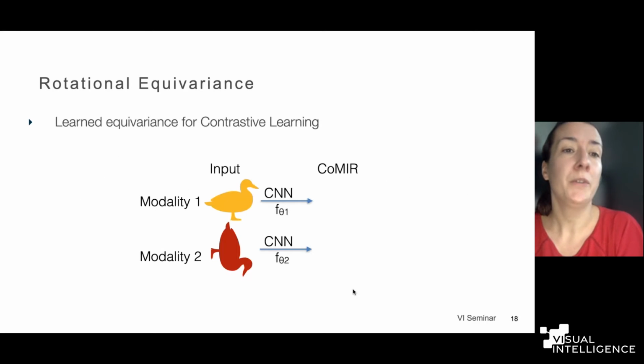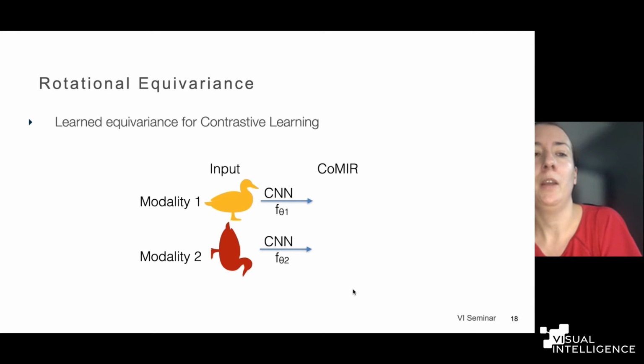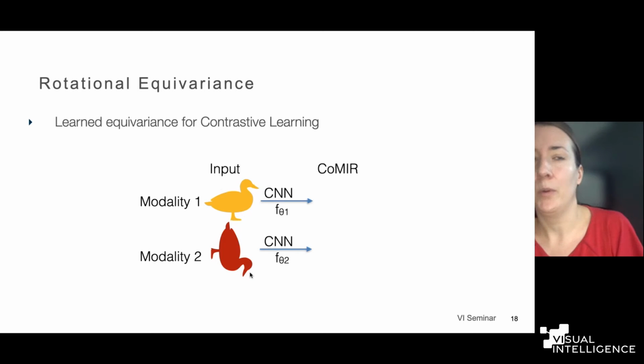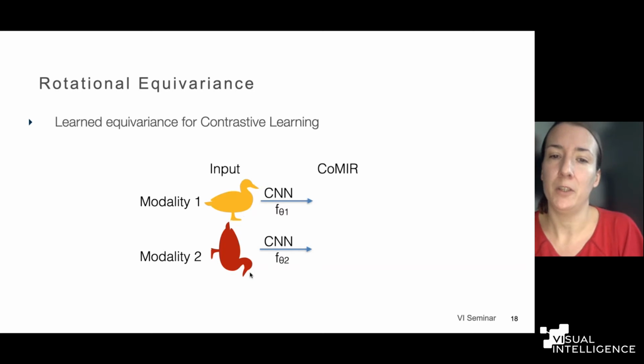In the case of Comirs, we have explored a different version of learned equivariance that's sort of applicable to contrastive learning. So if, for example, my two differently colored ducks are my input for my two networks that will actually produce Comirs, what we have done is that I will give one of the inputs at 0 degrees, but my second input, I will actually have a 90-degree rotation to it.